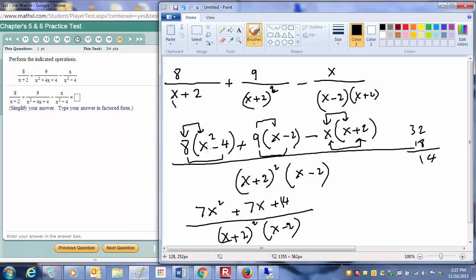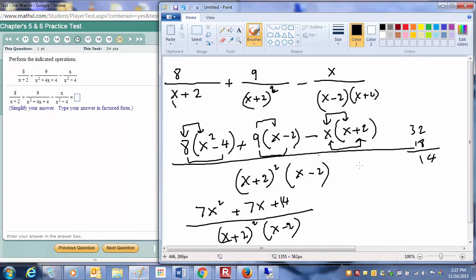We have 8x squared minus x squared. That's going to be 7x squared. We have 9 times x and then minus 2x. That's going to be 7x. Minus 32, okay, I made a mistake here. Minus 32, and then we have minus 18.